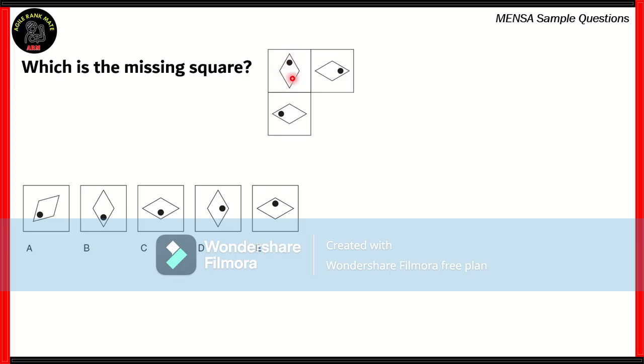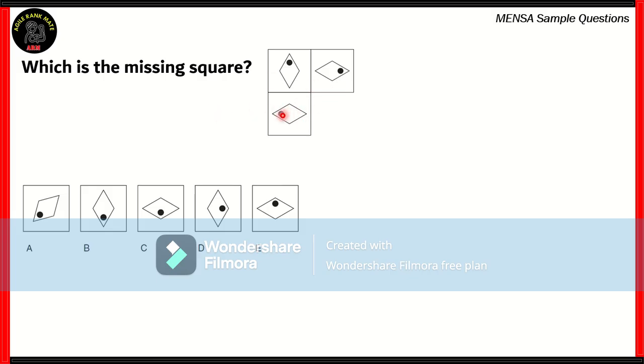Now, over here, we see that in the top left, the black spot is oriented upwards. In the top right square, it's oriented towards the right. In the bottom left square, the black spot is oriented towards the left.